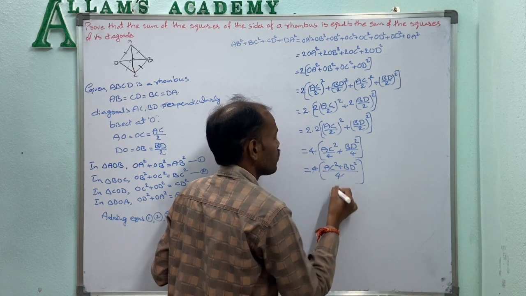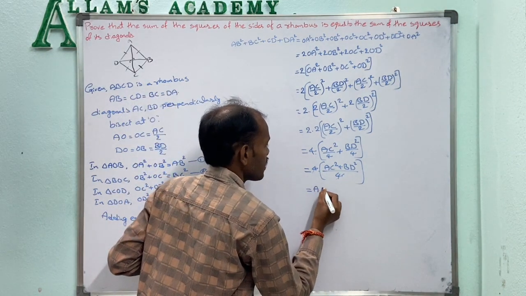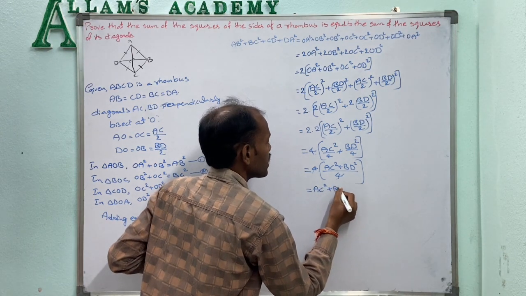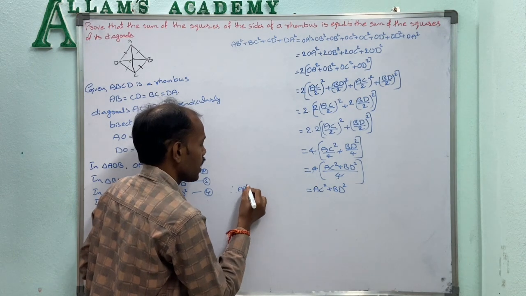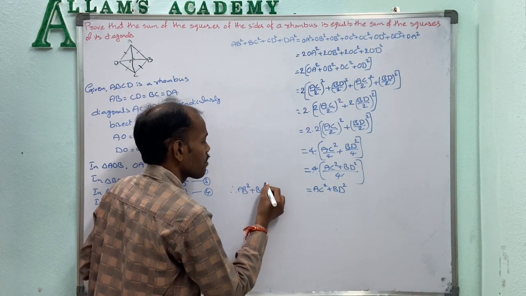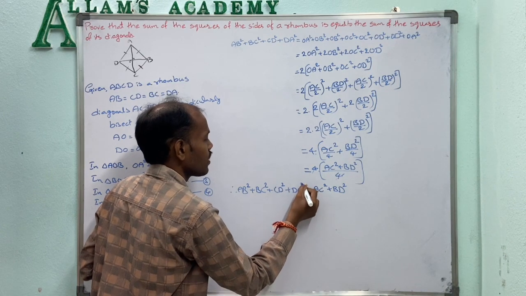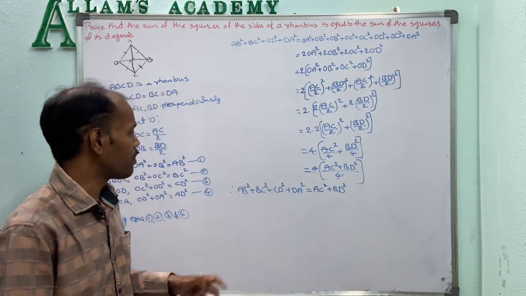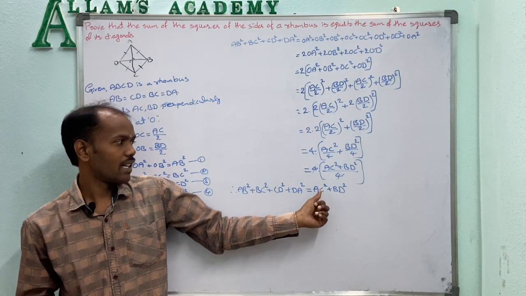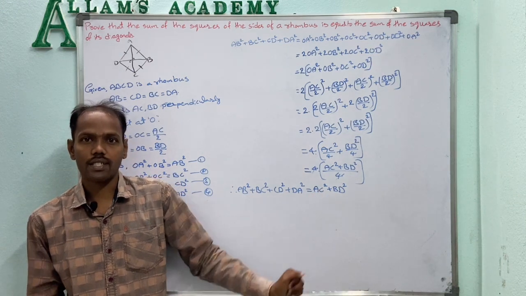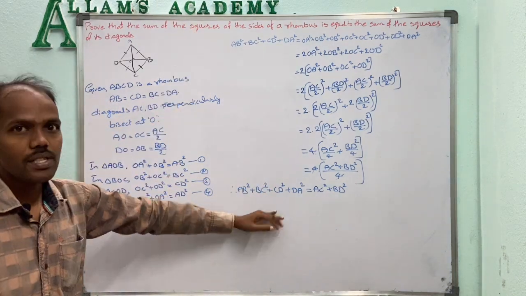So here 4 gets cancelled, so that is equal to AC square plus BD square. This answer will be equal to AB square plus BC square plus CD square plus DA square. So AB, BC, CD, DA are sides of the rhombus and AC, BD are diagonals of the rhombus. So now the given one is solved.